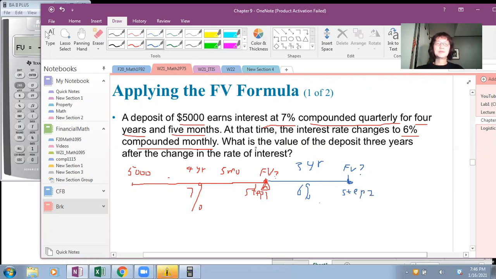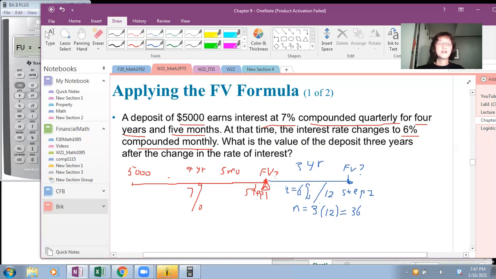And in step 2, interest is compounded monthly. So the periodic rate I equal to 6% divided by 12. Term N equal to 3 years times compounding period per year, 36, means 3 years has 36 months.